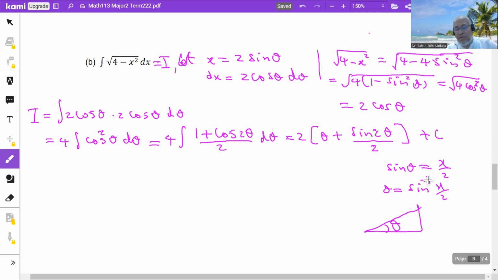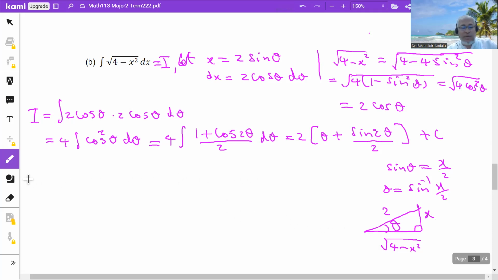Sine theta is x over 2, and sine theta is opposite over hypotenuse. So I have this side would be, the largest is the 2, so the square root of 4 minus x squared, the hypotenuse squared minus x squared. And if you look at the original problem, you find the same root there.